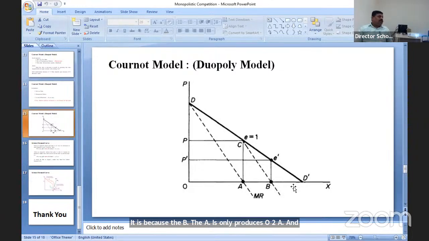And according to firm B, the total demand is A to D1. Again, by assumption, firm B will not produce the total demand. Again, firm B will produce only A to B. Is it? That is 50% of A to D1. Are you getting?